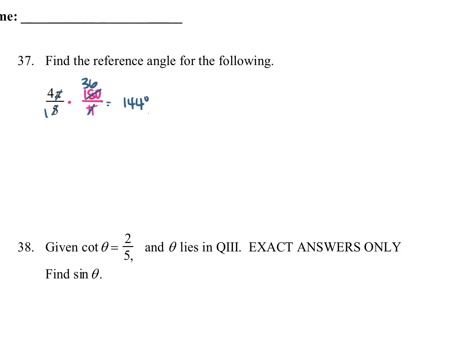So the only thing we have to do is subtract that from 180. And that gives us 36 degrees, which we turn back into a radian. So we multiply by pi over 180. And this gives us 1 and 5, so pi over 5.